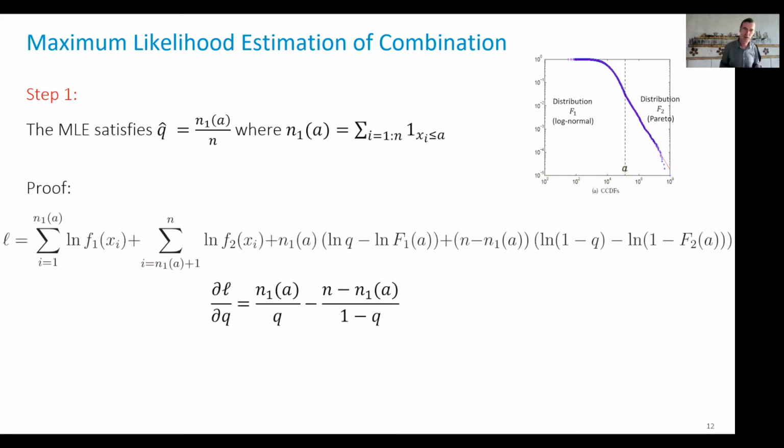It's not the same thing when we do k-means, for example. But here it's very easy. So if I have a value that's below the threshold A, if I know A, I know it must be attributed to a sample from the first distribution. There remains the question of how to set the threshold value here. We'll see that in a second. There remains also the parameter Q to estimate.